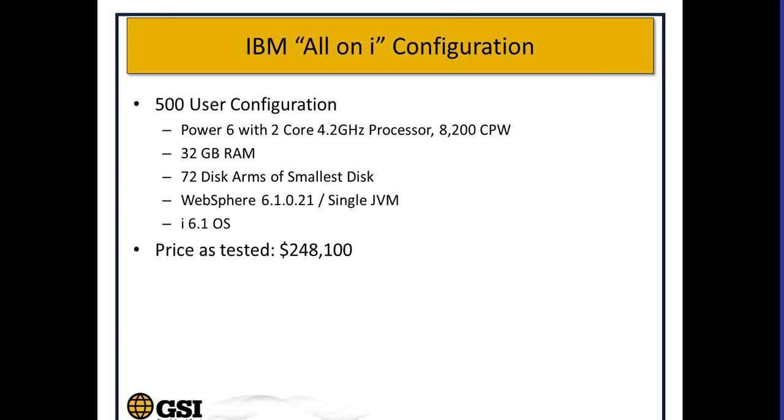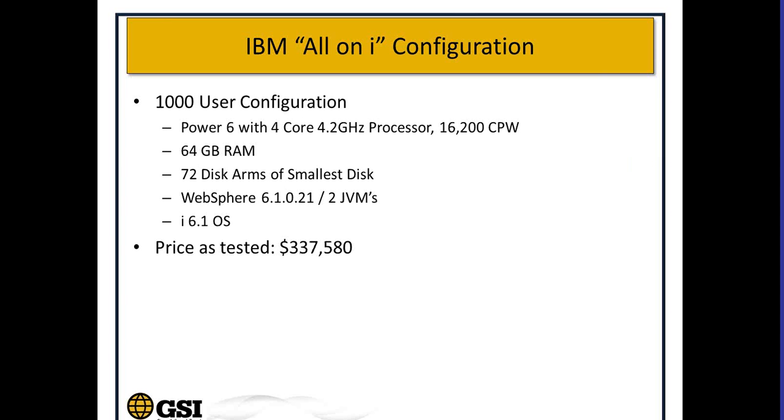So you can assume probably a 25% discount on this. And also, the pricing may have changed somewhat since we originally got these pricing numbers, so it might be a little bit lower even than that. But still significantly different on the 500 user load. If we go to the 1,000 user configuration, you can see that the price jumps up quite a bit.